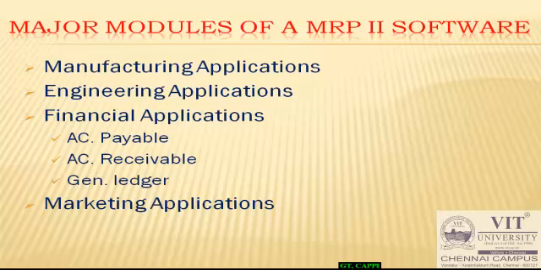Based on that scheduling, the route sheet and the schedule for each machine, for each day, will be given to that particular shop floor. Then the final product will be manufactured. So this is the brief introduction about MRP and also MRP II software.